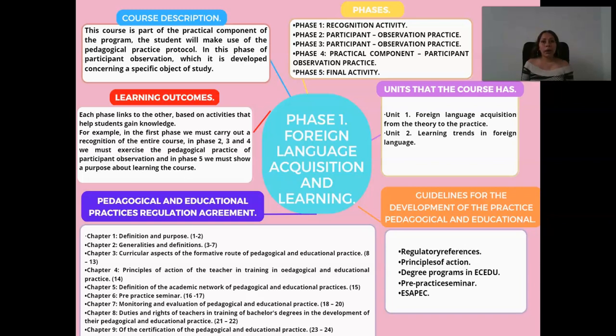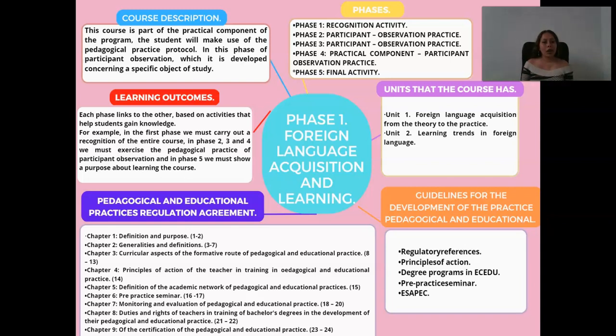These documents are very important in this course, and the units are very important to learn and to analyze.